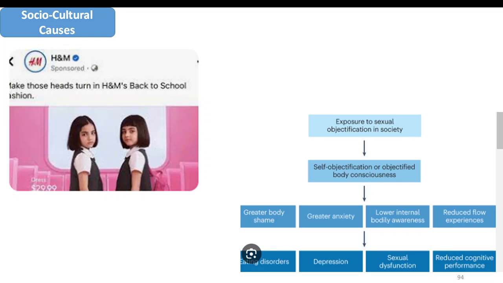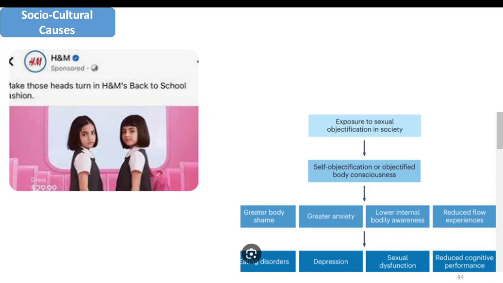The caption they chose, while advertising school uniforms for the kids to go back to school, was something like, "Make those heads turn in H&M's back to school fashion." How appropriate is that caption for schools and school uniforms and kids?